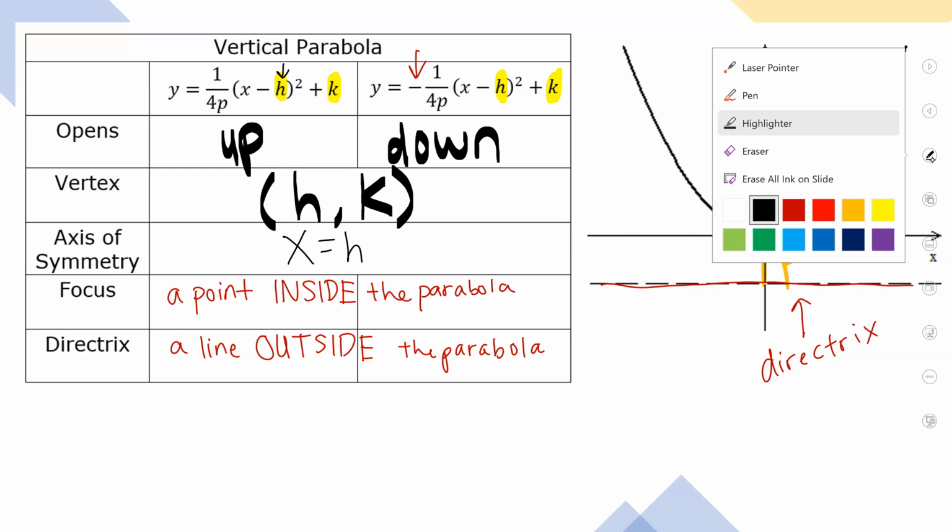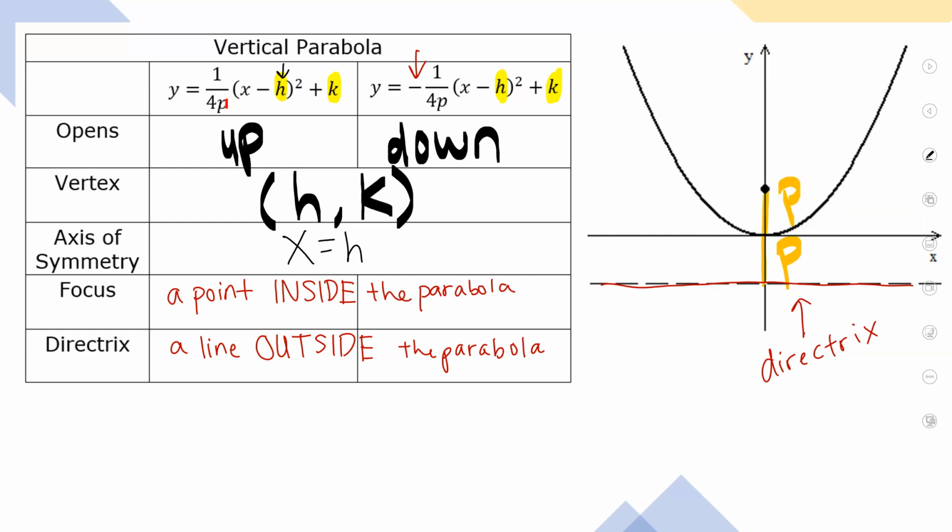I want you guys to turn your attention to the equation. Right here, where it says 4p, that is always the format. In the denominator, it'll always be 4 times a number, okay? It'll always be 4 times a number. And we represent that number with the letter p. Okay, let's just keep that in mind for now.